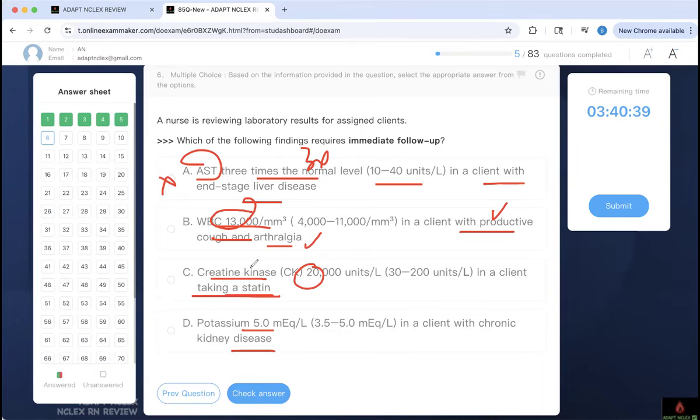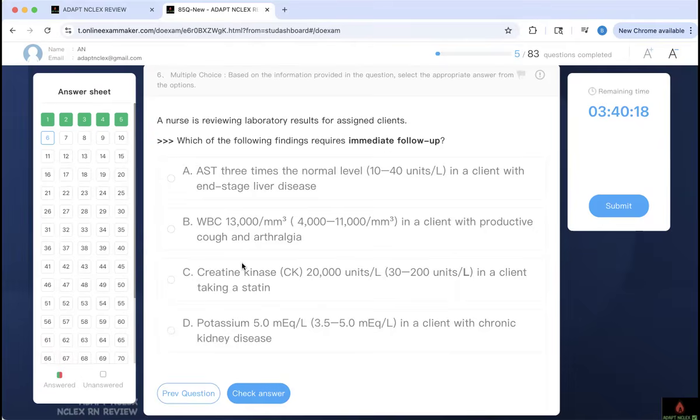If you take a statin and your CK, creatinine kinase, is coming from muscle, the muscle is breaking down. Therefore, 20,000 is more than 10 times what you're supposed to have. That's rhabdomyolysis. Bad problem. Potassium 5.0 is expected in chronic kidney disease. Therefore, what is the right answer? Number 3.